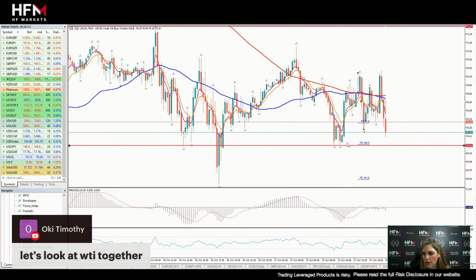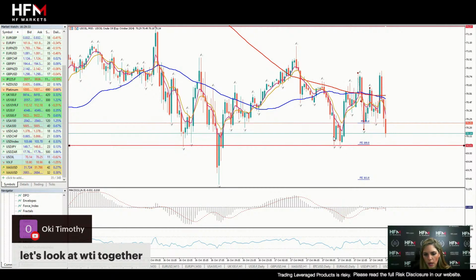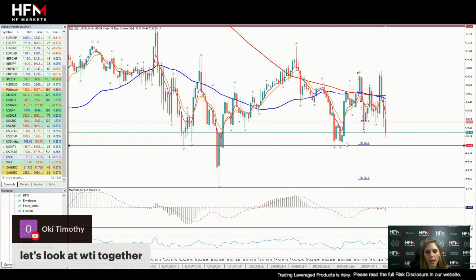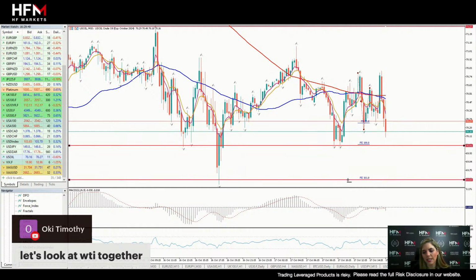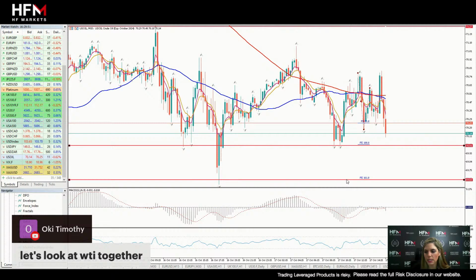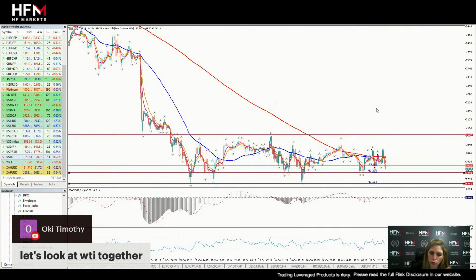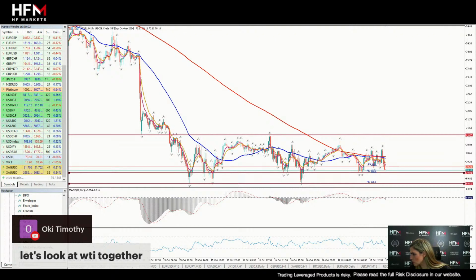Can you see $70 round number? Today's bottom so far, round number, and coinciding with the 100 Fibonacci extension as well. So the very next support level, if it fails, is the 69.50, 69.65 level that we were talking about earlier. So they are in line, right? So what else?